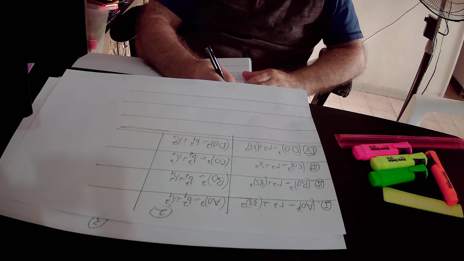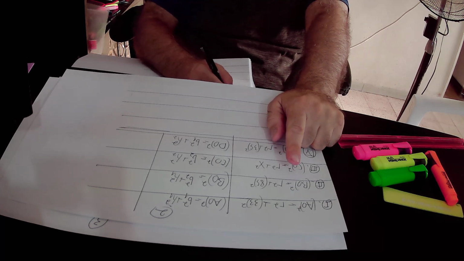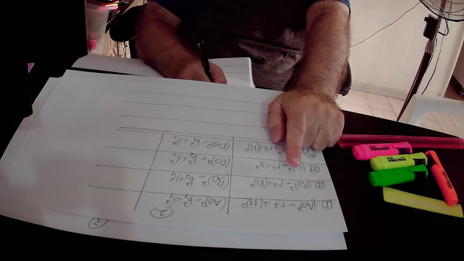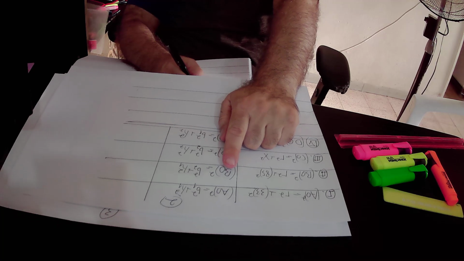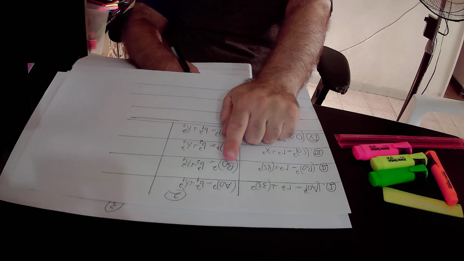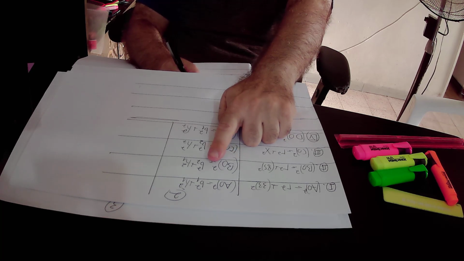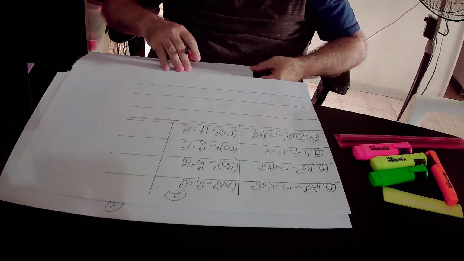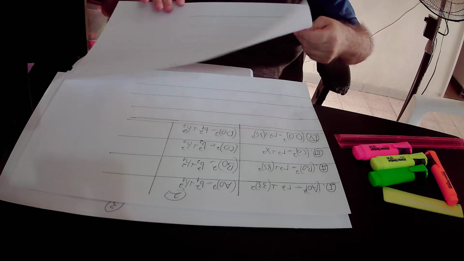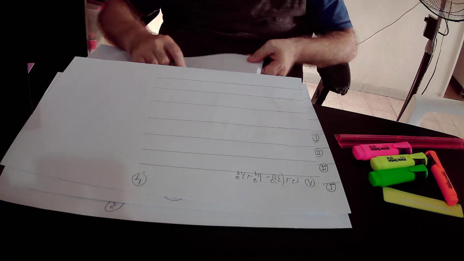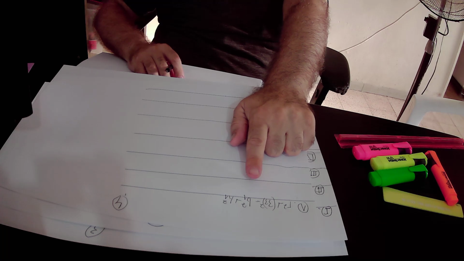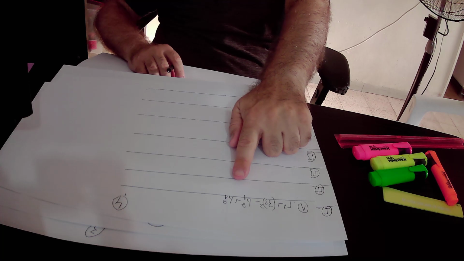So AO square according to the first expression is R square plus 33 square, and it must be equal to AO square according to the second expression, that is actually B1 square plus H1 square. In conclusion, according to equation number 1, R square plus 33 square equals B1 square plus H1 square.